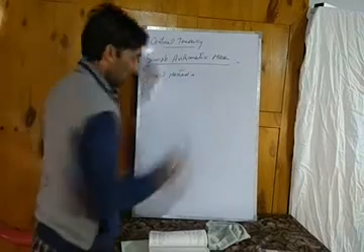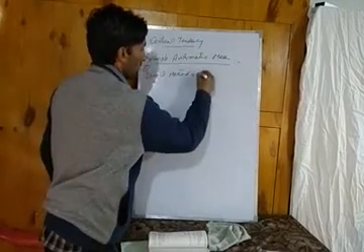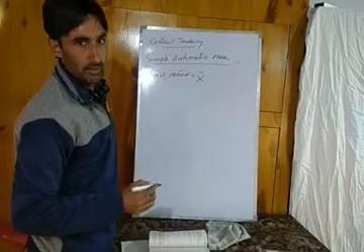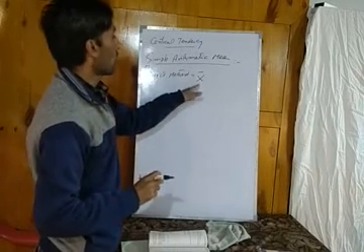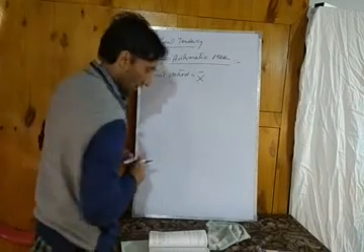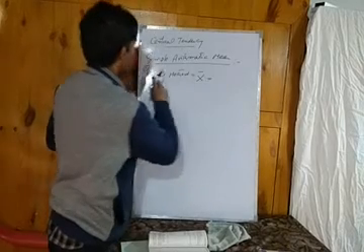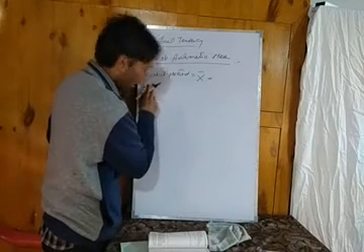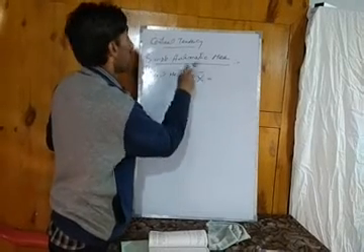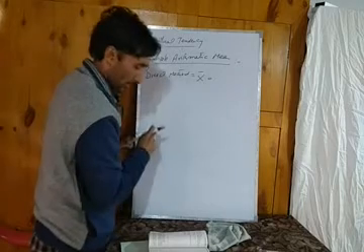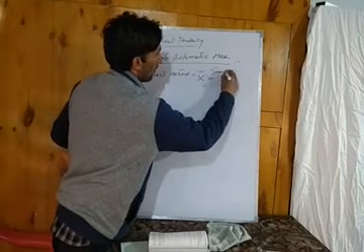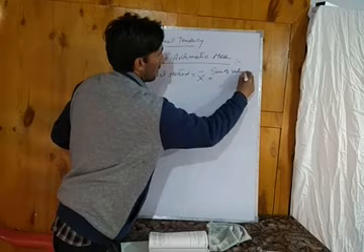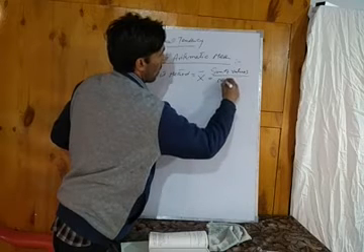In the direct method, our formula is simply x bar. X bar means mean. By the direct method, this x bar, the simple arithmetic mean, is equal to the sum of values divided by the number of values.